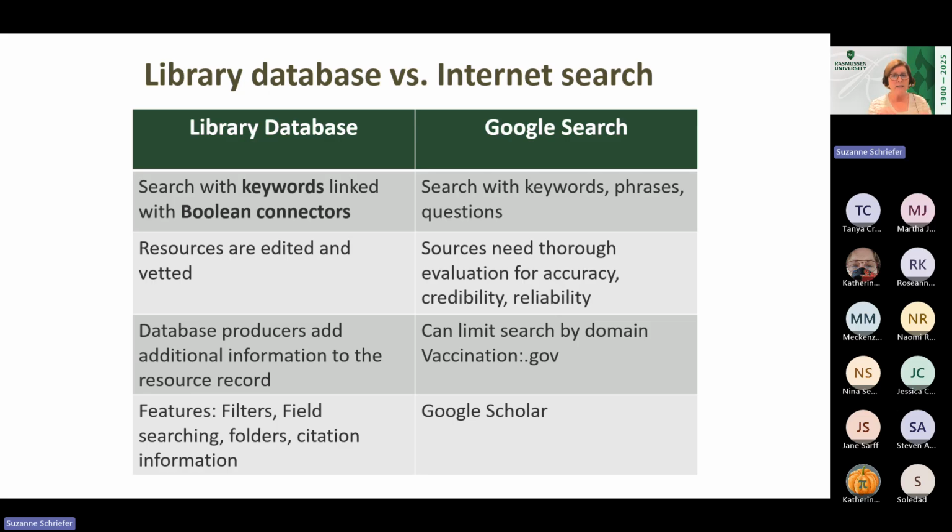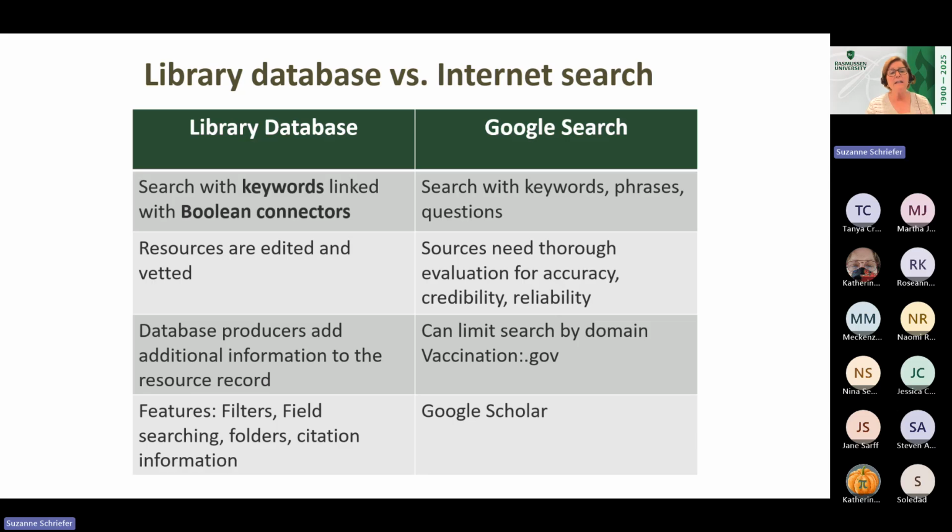And what I mean by domain is those last three letters in a web address, so .edu, .com, .gov, etc. So if I wanted to do a search in Google for just government information, I can type my search term :.gov, and it will limit my search to just government websites, or just websites that end with .gov. So that's a nice little tool to know about.